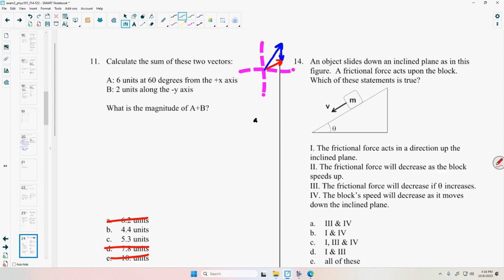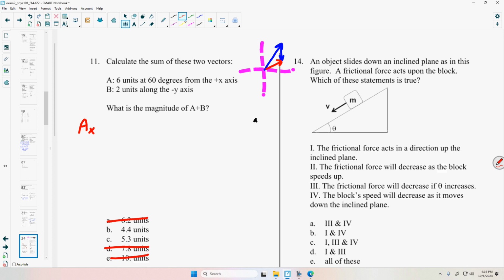Okay. If this is 6 units long, and 2 units along the negative y-axis, then this is clearly shorter than that vector. So I can get rid of several answers, although it's free response, so yeah, never mind. So the first thing I do is find the x and y components.